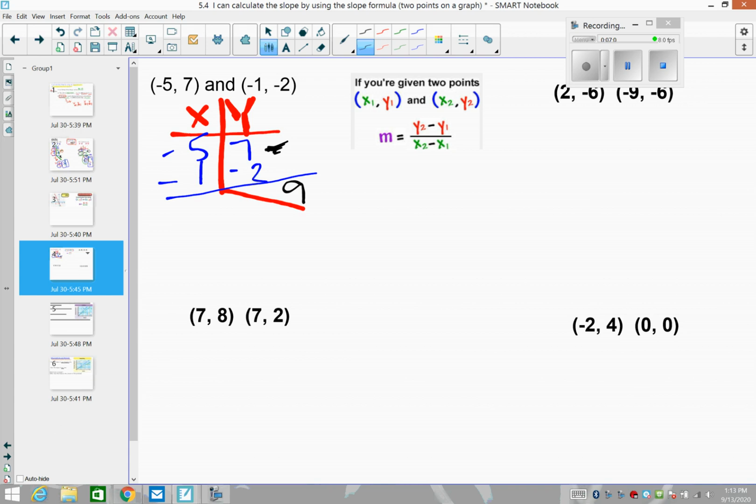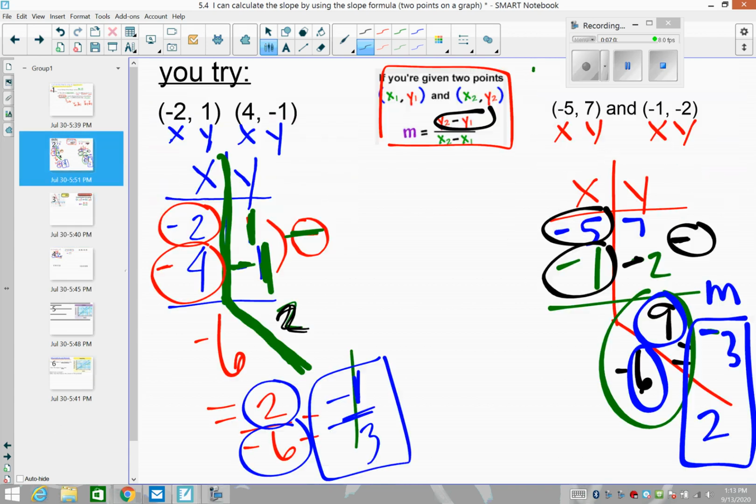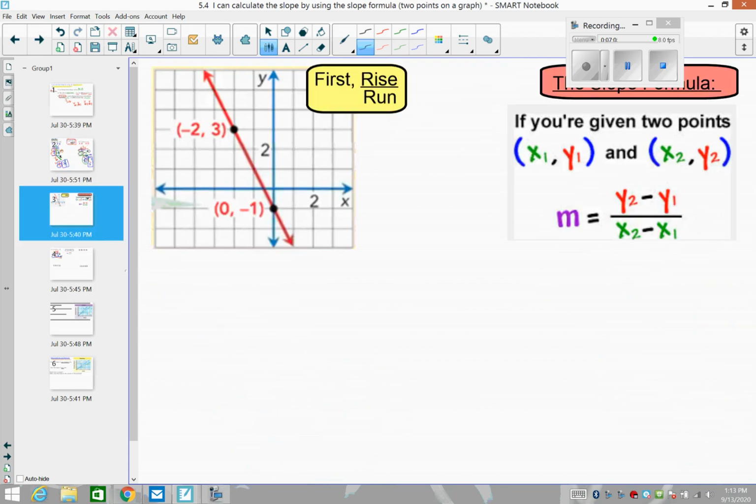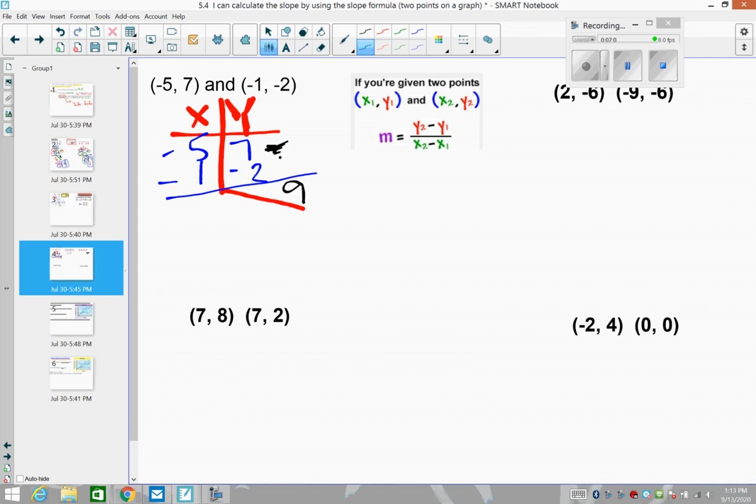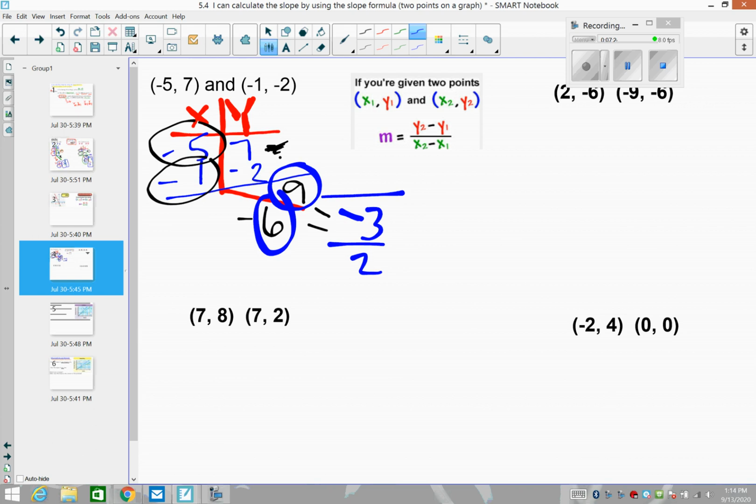That's the exact same problem we just did. All right, we're going to just keep solving it anyway. And negative 5 minus negative 1 is negative 6. Divide, divide. 3 is a common factor there. I'm going to pull the negative to the numerator, becomes negative 3 over 2. So the slope of that line is negative 3 over 2.